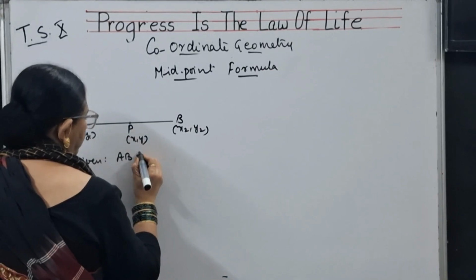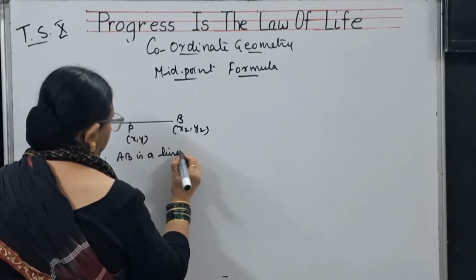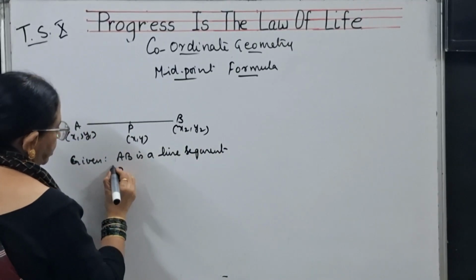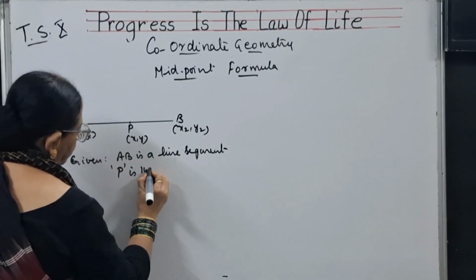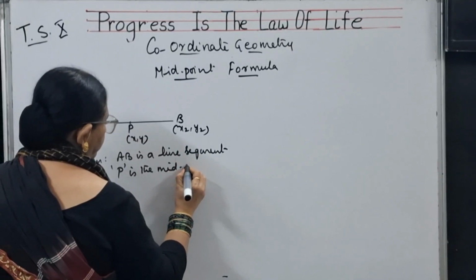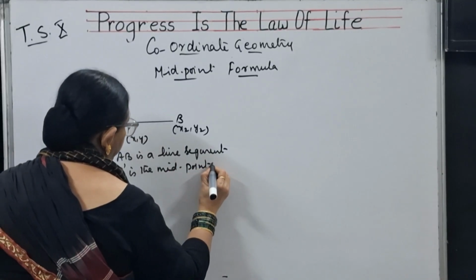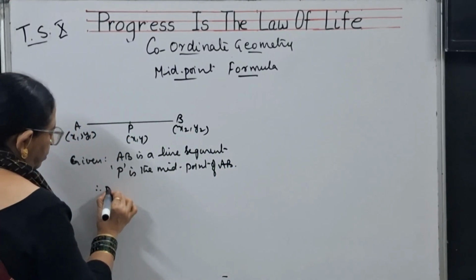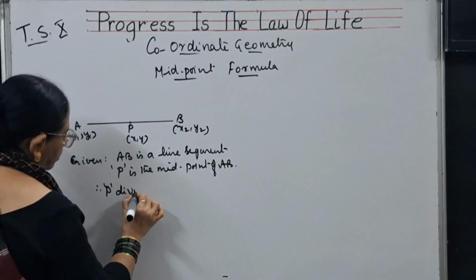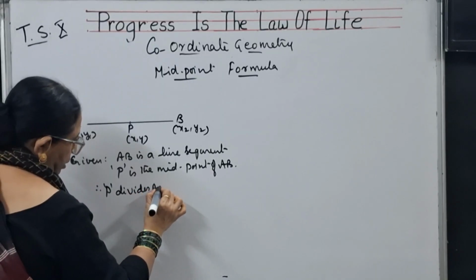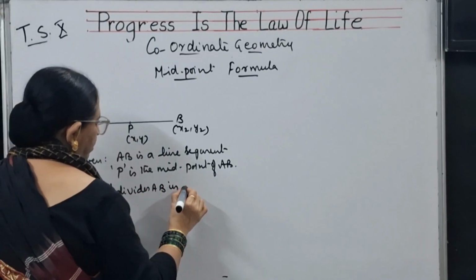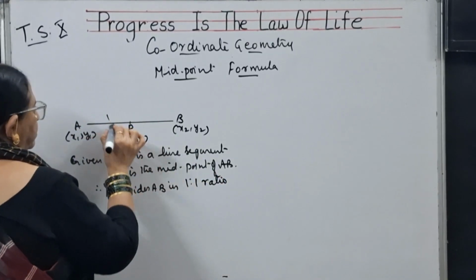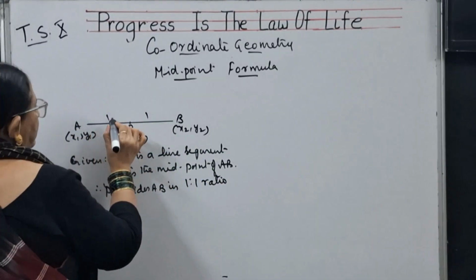AB is a line segment, P is the midpoint of AB. So that means what? Therefore, P divides AB in 1:1 ratio. Is it not so, children? This is 1, this is 1.